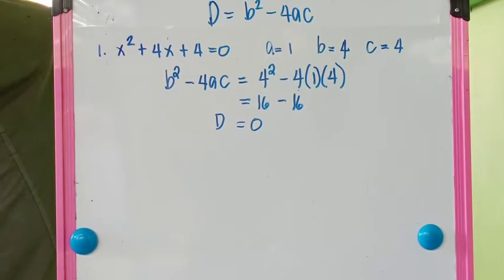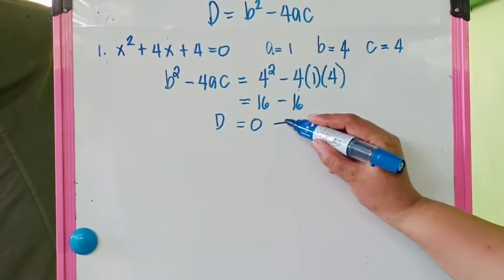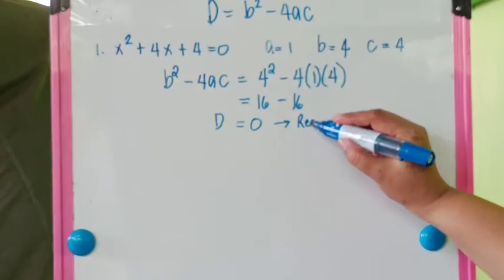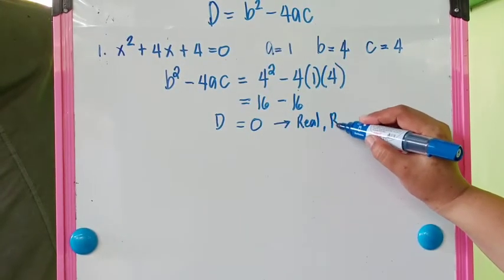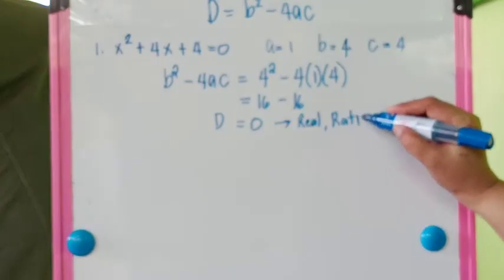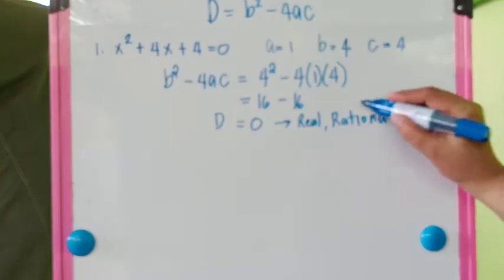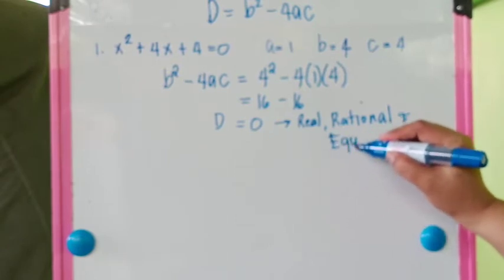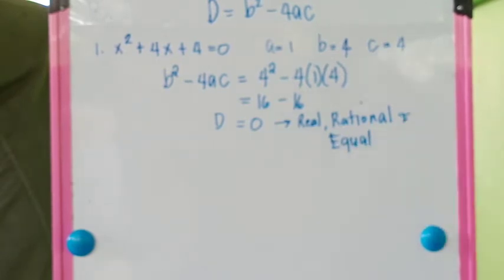And tandaan, if the discriminant is 0, then the nature of the roots are real, rational, and equal. Okay.